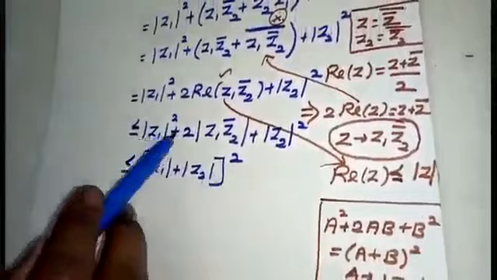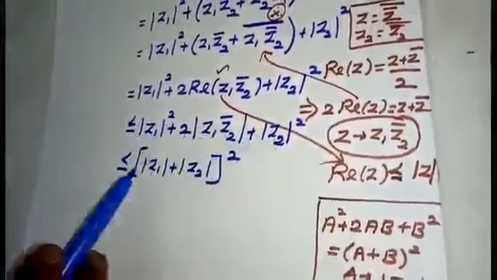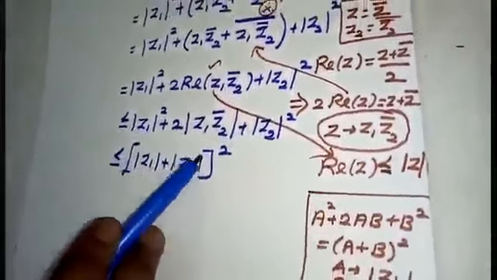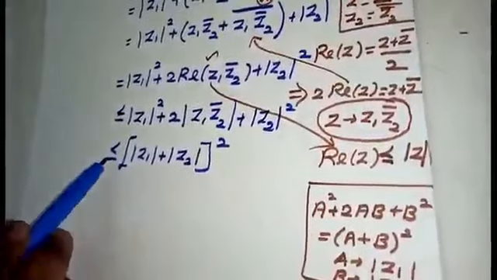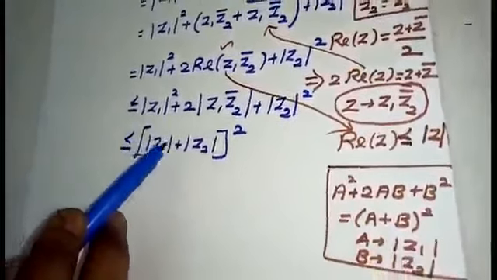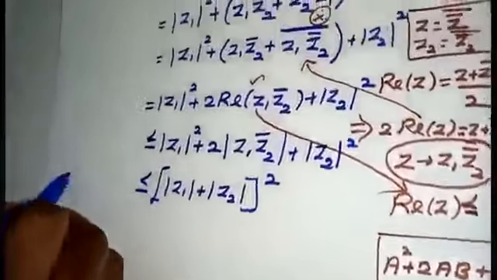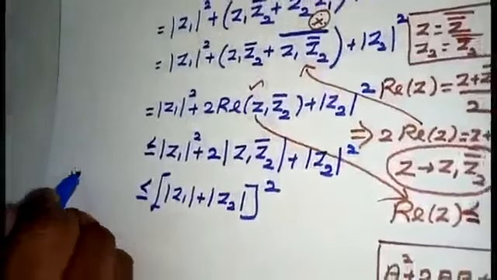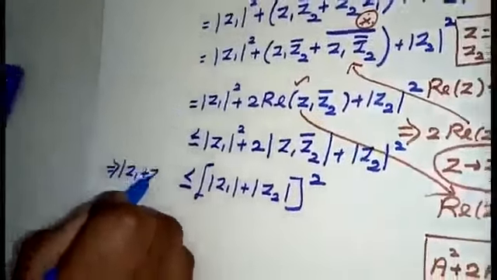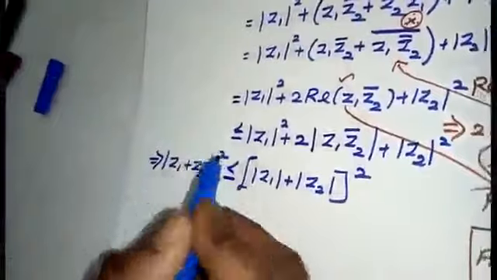Can be written a square plus 2ab plus b square, which is written as a plus b the whole square. This less than or equal to, I am writing it as it is. This is your right hand side. But left hand side, what is the value I am having here? That is modulus of z1 plus z2 the whole square.